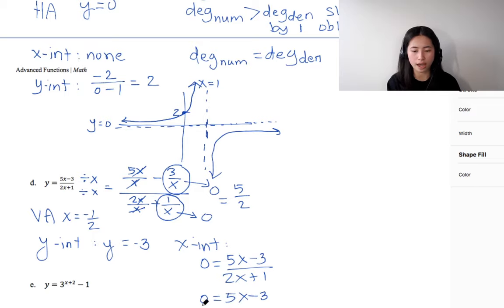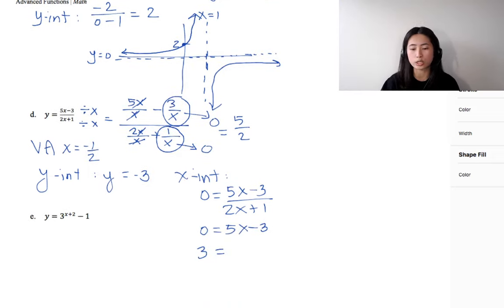Then you're going to solve for x. Moving 3 to the opposite side of the equation, you get 3 is equal to 5x. Does that make sense, guys? You're dividing this by 5, so x is equal to 3 over 5. Okay, so we know that our x-intercept is 3 over 5, which is 0.6.